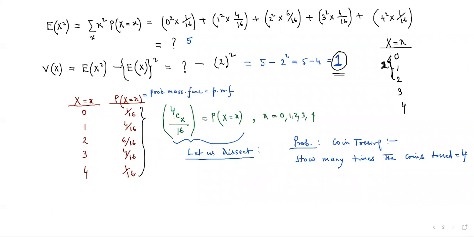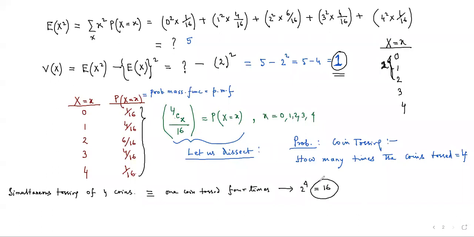Because remember this fact that simultaneous tossing of four coins is similar to one coin tossed four times, and the total number of outcomes thus contained 2 to the power 4, that is 16 items.